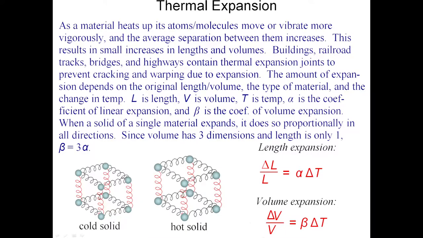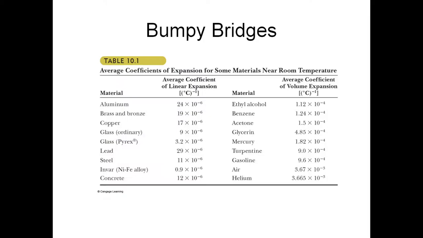The main thing to keep in mind, though, is that for liquids, this works just fine, because liquids have definite volume at a specific temperature, which is why most of the values listed here, alcohol, benzene, all the way through gasoline, are for liquids.